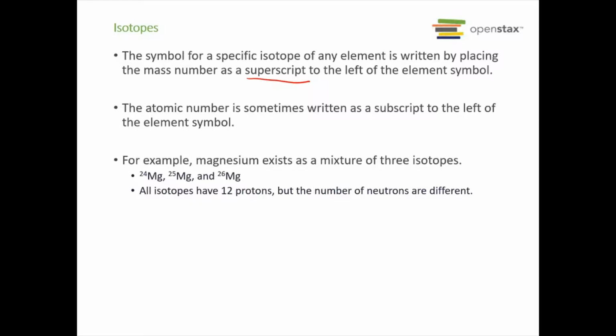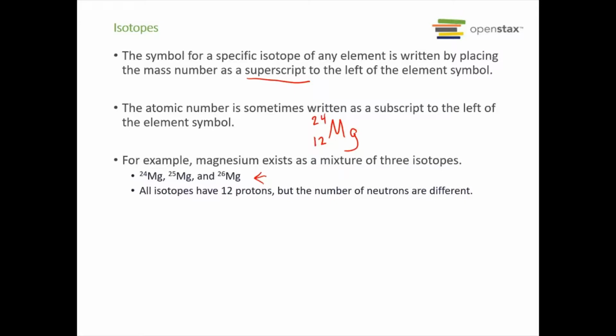And a lot of times you'll also notice the atomic number written as a subscript on the left. So they're showing you here magnesium's 3 isotopes, the general one. So what we could also do is Mg, and then the mass number, let's do it for 24. That's its mass number, and then its atomic number is 12, so that would go there.